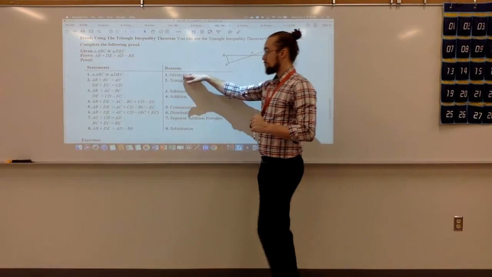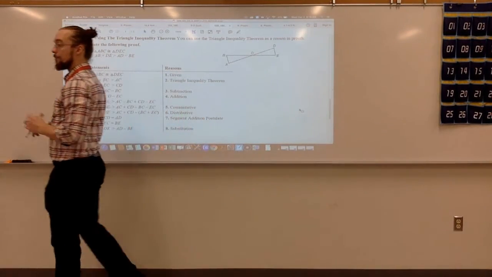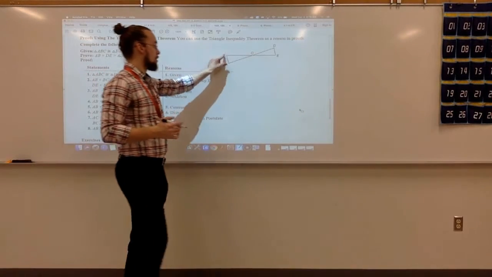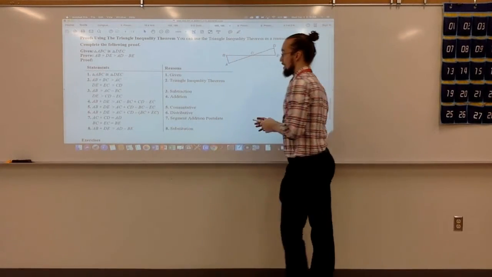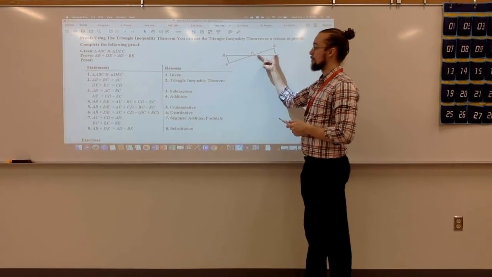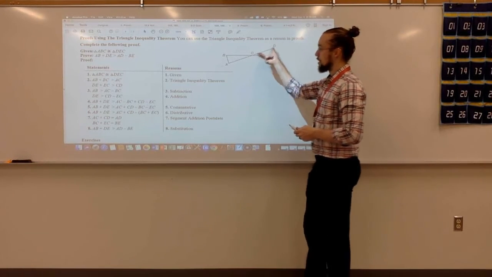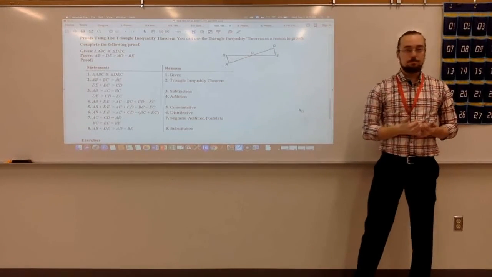Well, we know that the triangles are congruent, and we can also use the triangle inequality theorem to say that AB plus BC has to be greater than the third side, and same thing here, DE plus EC has to be greater than the third side.